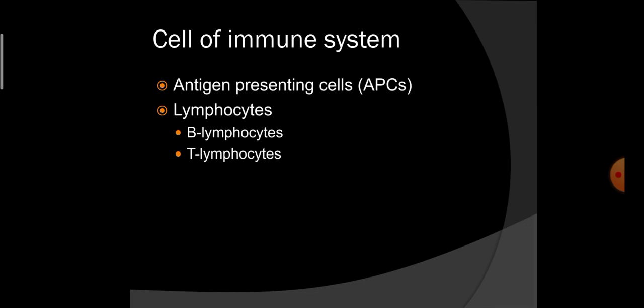They don't act on the antigen or the foreign body. They only help in presenting these antigens to the other immune cells, which will act on it or destroy it. And the other is lymphocytes. There are two types, B lymphocytes and T lymphocytes.